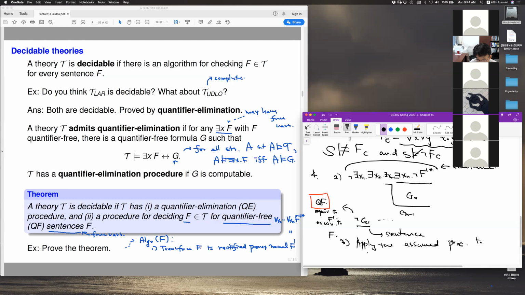To check whether this negation G1 belongs to T or not.